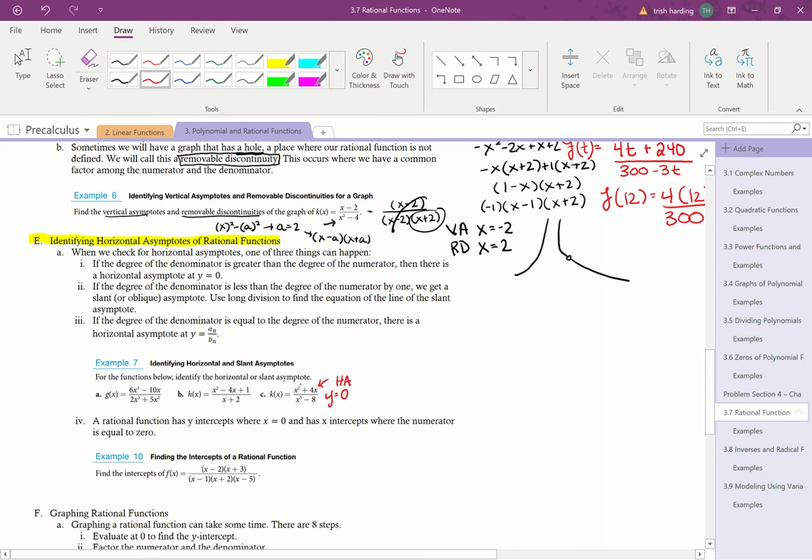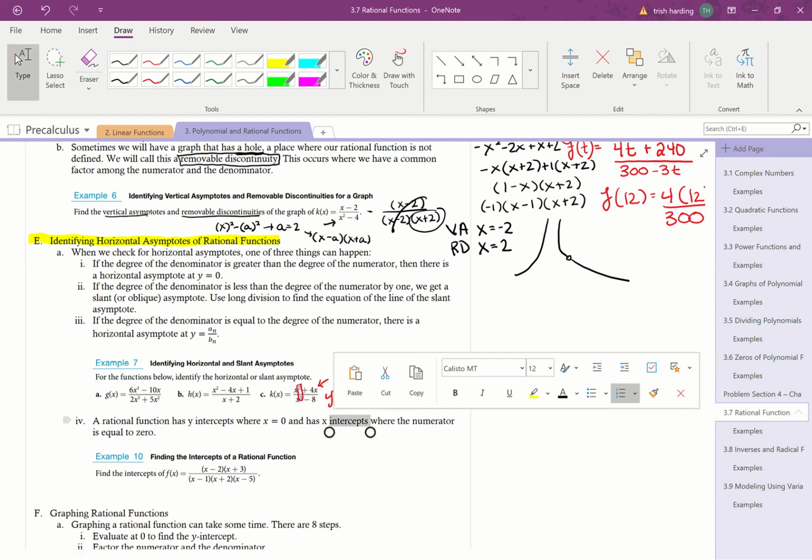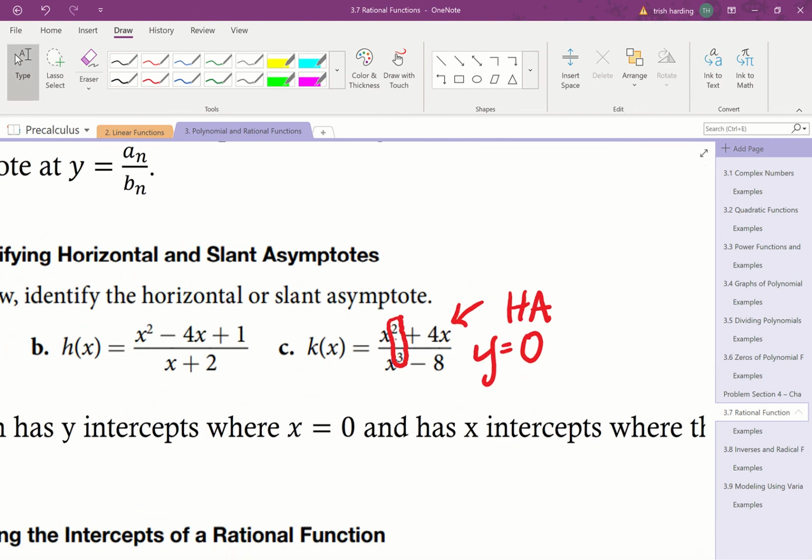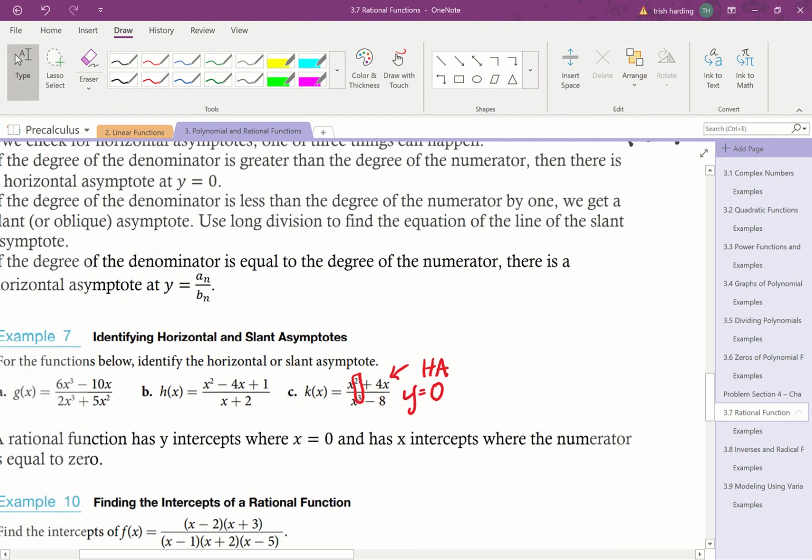And we can see this. Notice there, I can zoom in for you guys. That is 2, that is 3. The degree of the denominator is greater than the degree of the numerator. Now we can zoom out a little bit.